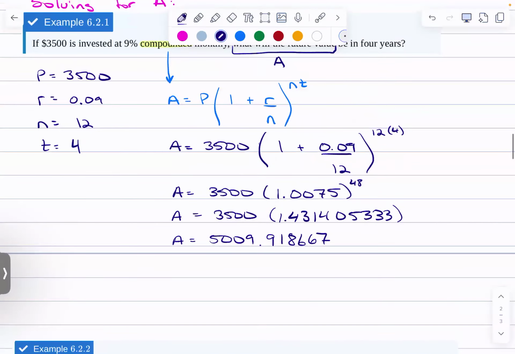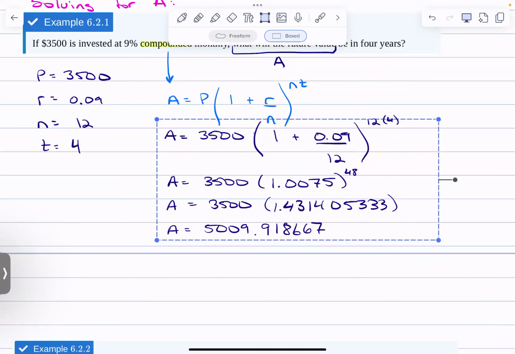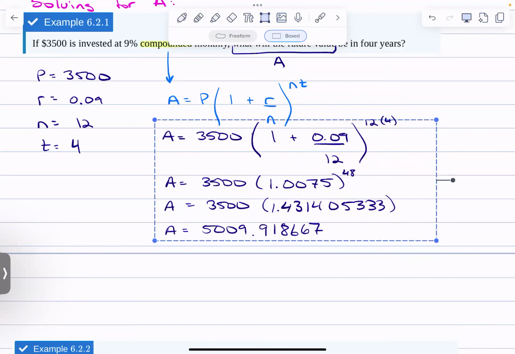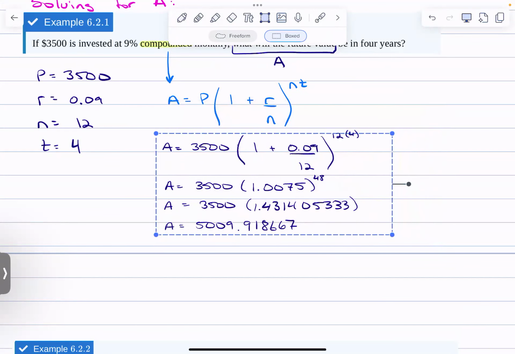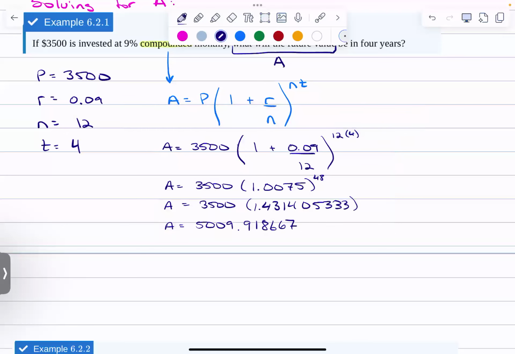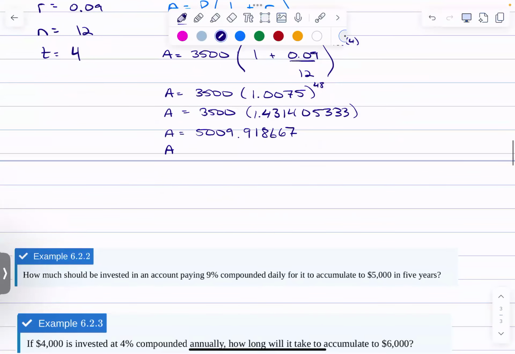A is a dollar amount: 5,009 and 92 pennies.